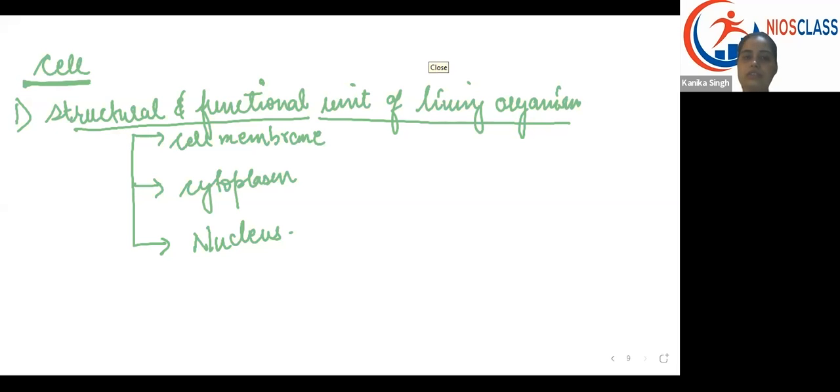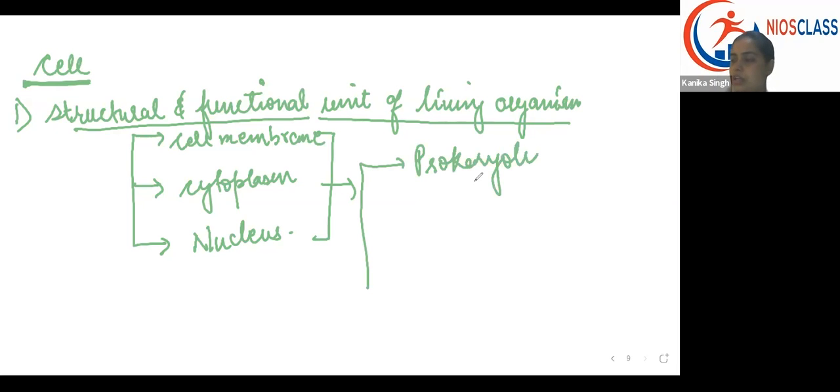Yeah, very nice. So cell membrane, cytoplasm and nucleus are the most important things which should be present in a cell. Cell wall, if present or absent, is not compulsory because animal cells do not have a cell wall. On the basis of these three, we classified cells into two: a prokaryotic cell and a eukaryotic cell.